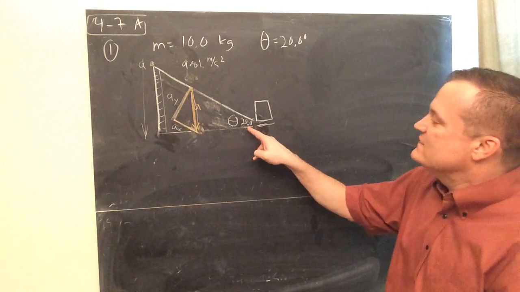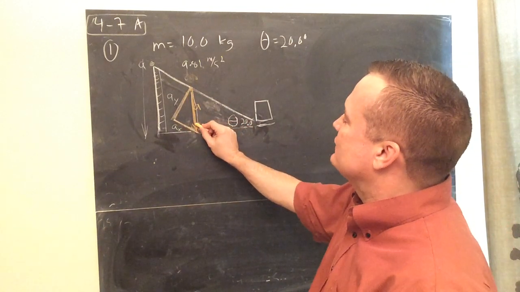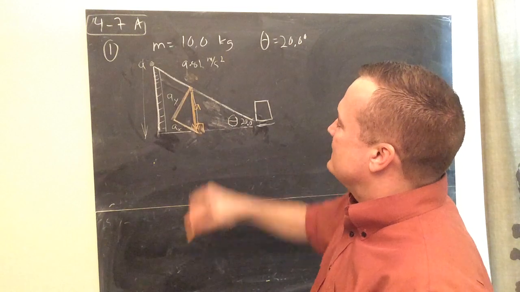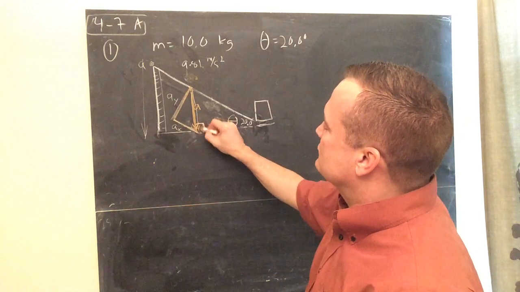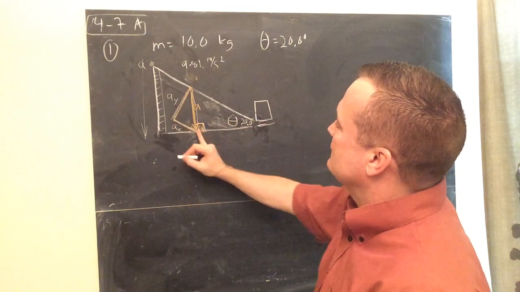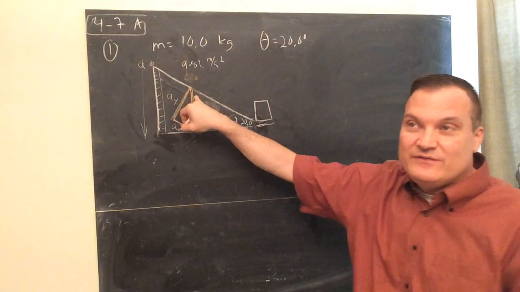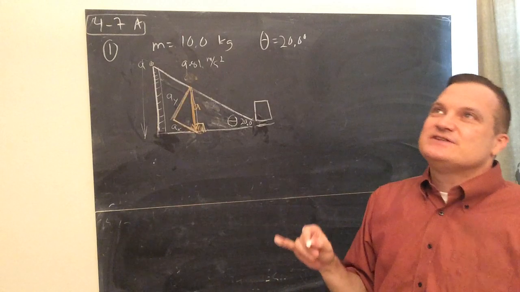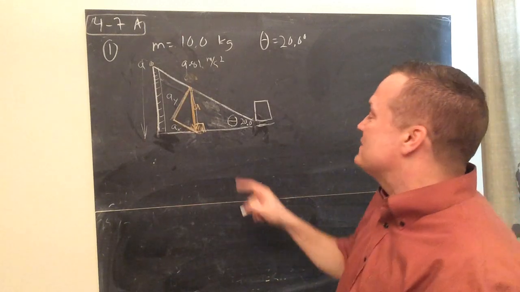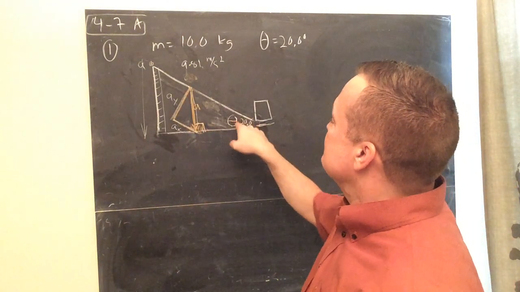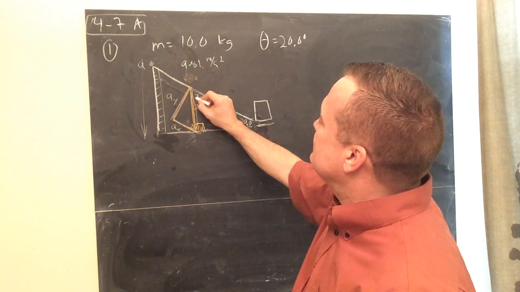In this triangle, we know that this is 90 degrees. You know that because this is perpendicular to the ground going up. So that's 90. That's 20. That angle would have to be what then? 90 plus 20 plus the other should equal 180, right? So 90, 70. This is 70 degrees right here.